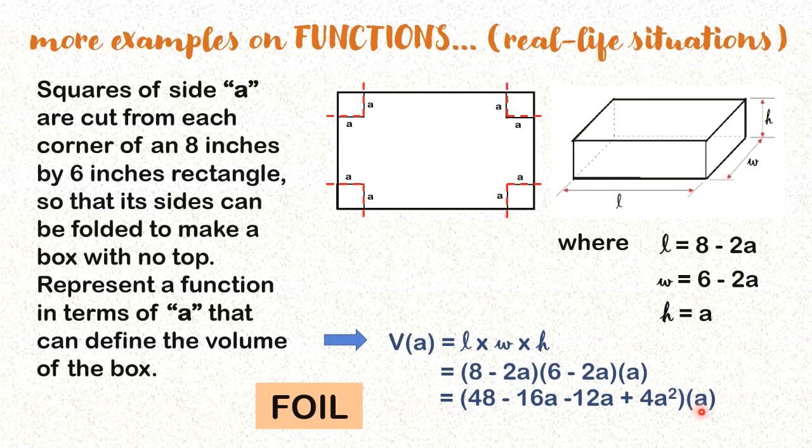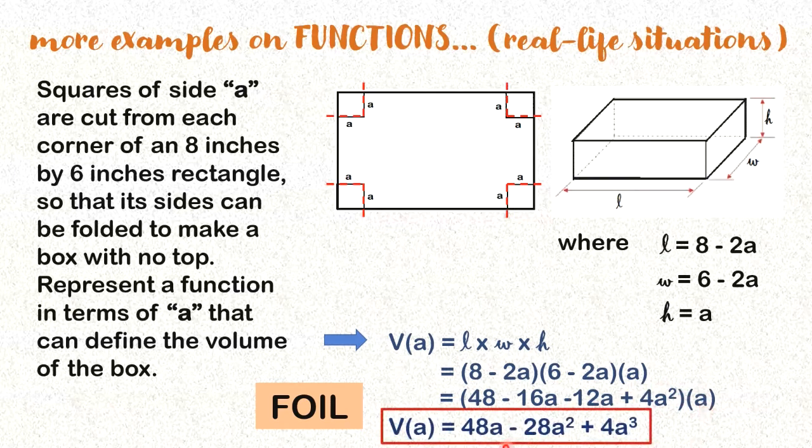After that, itong a naman. Huwag niyong kakalimutan na meron pa kayong a dito. How do we do that? 48 times a, you'll get 48a. And then, negative 16a minus 12a, you'll get negative 28a times a here, you'll have negative 28a squared. And then finally, 4a squared times a, you will get 4a cubed.